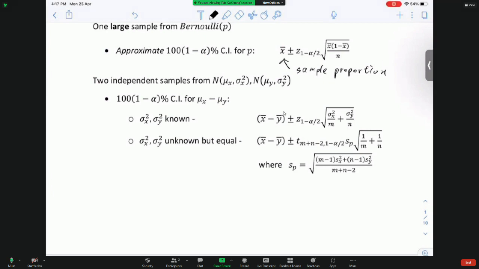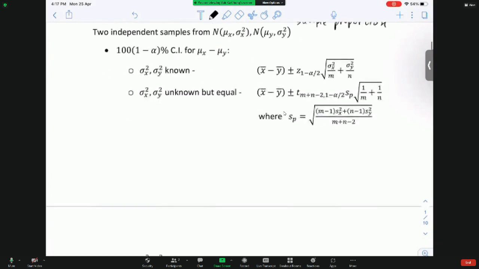But most of the time, the population variances are unknown, so we will estimate them using the sample counterpart. But there are two different scenarios also. If they are unknown, but somehow we believe that they are the same, we don't know the exact values, but we know that they are the same. If we assume that these population variances are equal, then the confidence interval will be constructed this way.